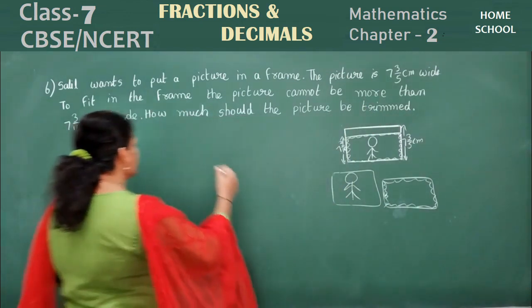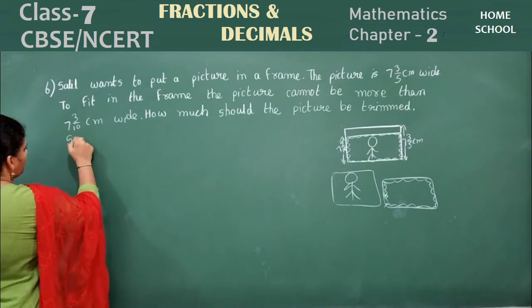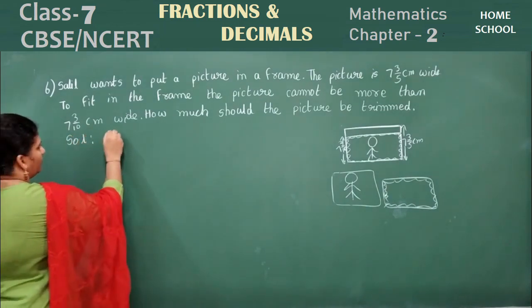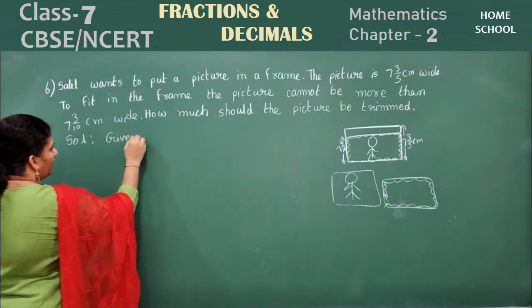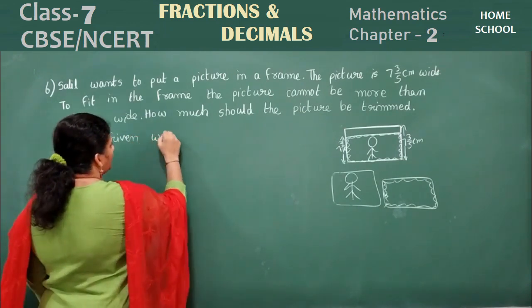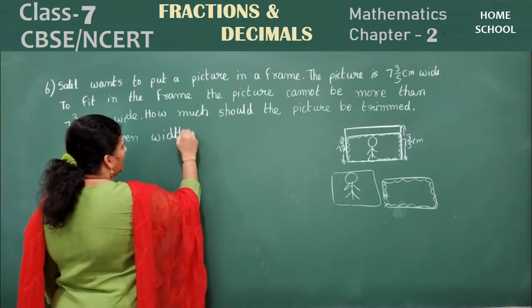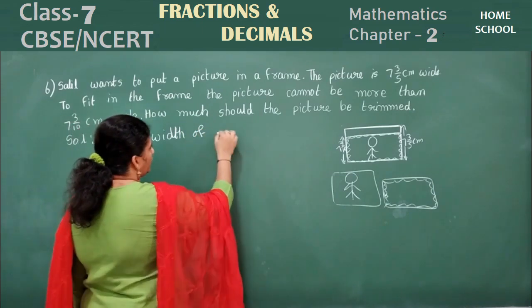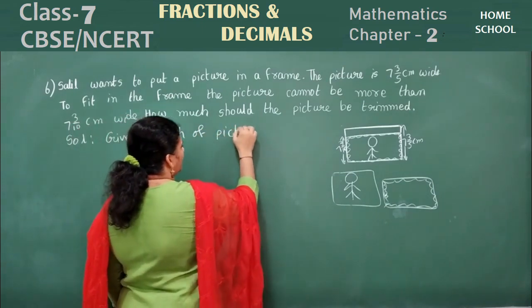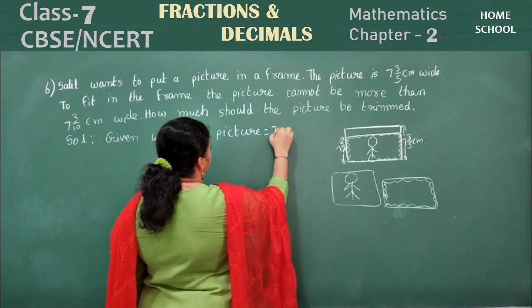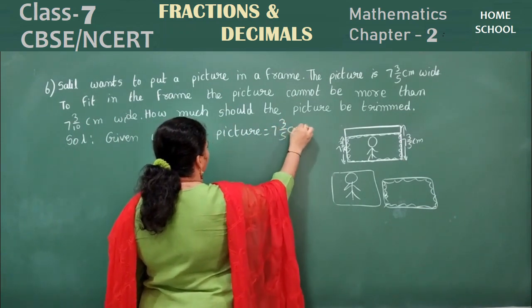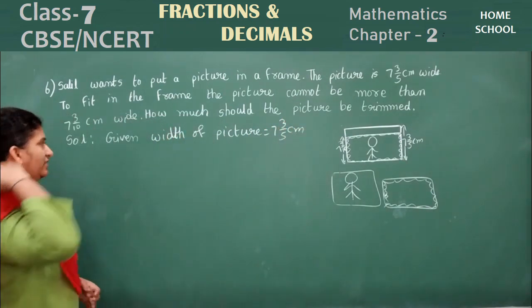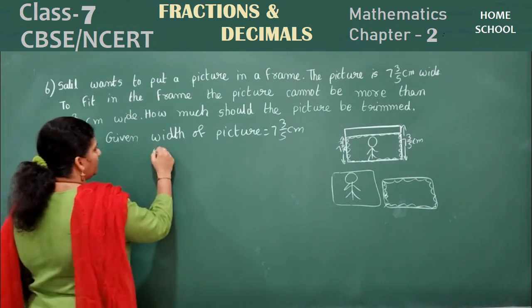Okay, so now let's see the problem here. Given, width of picture is equal to 7 3/5 centimeters. Right? So next what have they given?